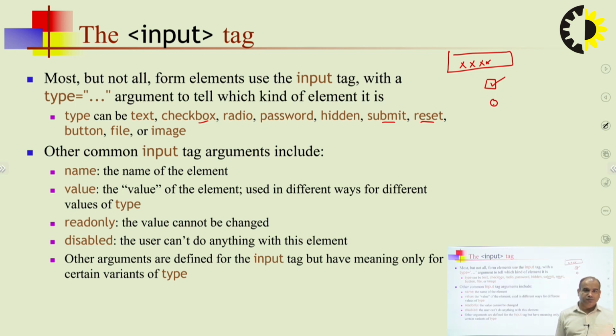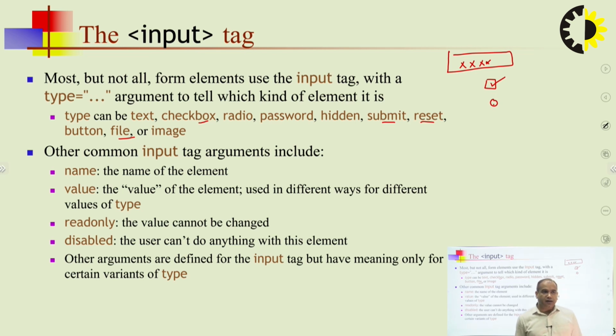That will also be a push button. If we want our own kind of button, a push button, in that case we can use input type equal to button. If we want to include files, we can include a file as an attachment. So input type equal to file will be there. We can also use input type equal to image.